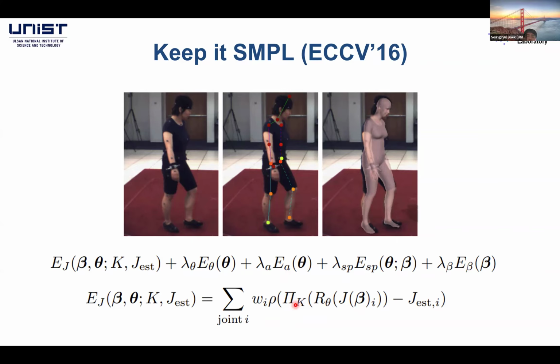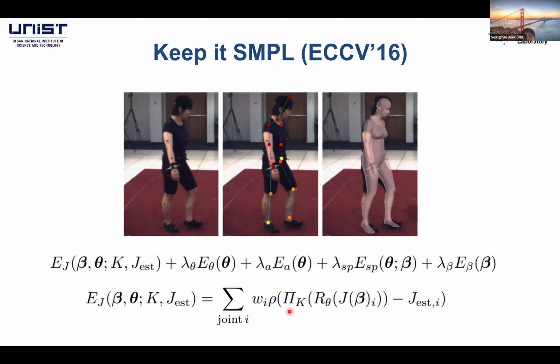Originally, the camera rendering process is not differentiable and cannot be computed exactly, but they approximate the 3D to 2D projection. So they project the 3D skeletons in the 3D space into the 2D space via this operation. They are basically multiplying the intrinsic camera parameters to these 3D skeletons.